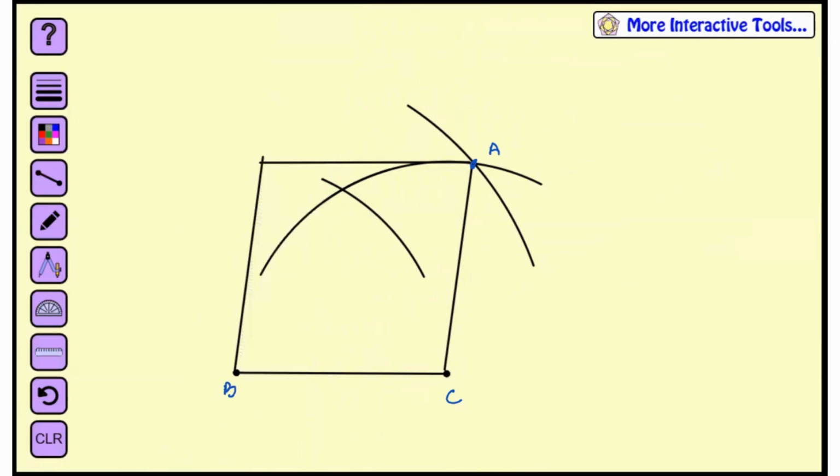So this is going to be a rhombus. This line represents your diagonal over here. And these are your 6 centimeter rhombus lines. So that's how you construct your rhombus.